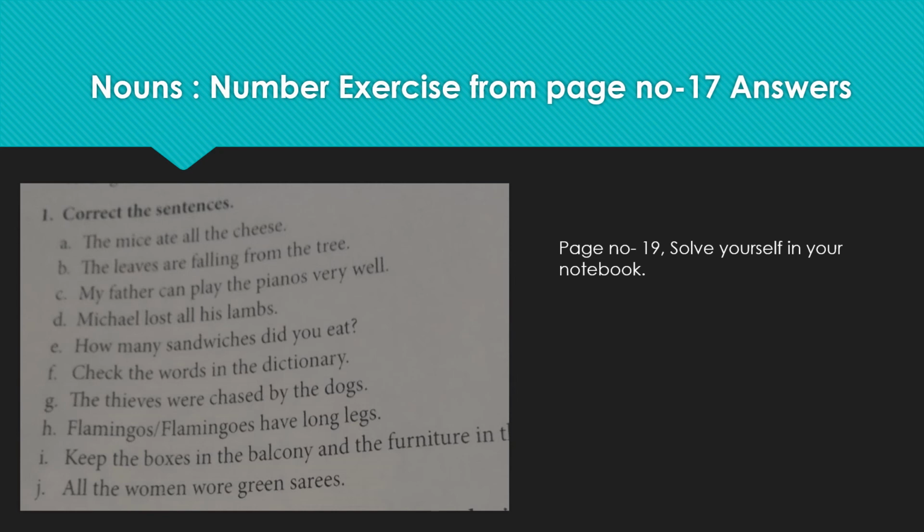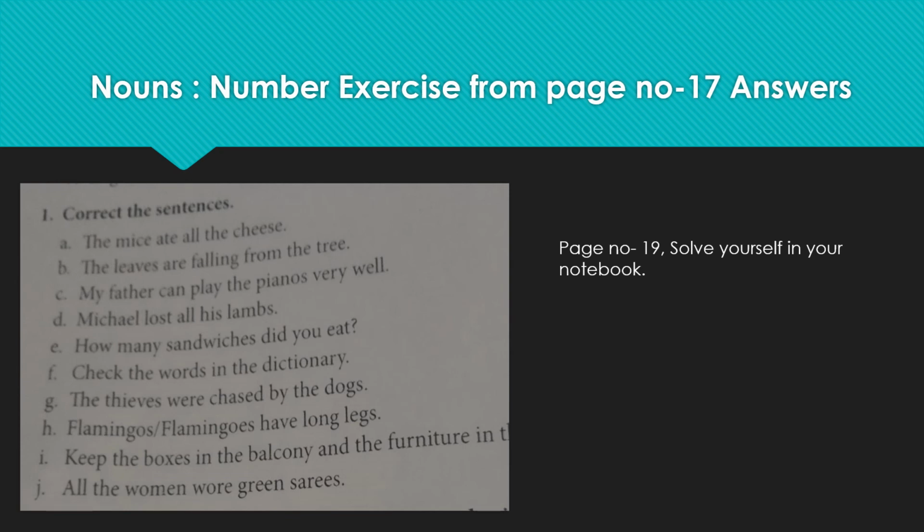Again on page number 18, some more singular forms and plural forms are given that you have to read yourself. Now you know how to read and how to understand. Some more extra singular and plural forms are given. Last year in our scholarship also we learned many singular and plural forms. The same is given here, and you have to do it yourself.